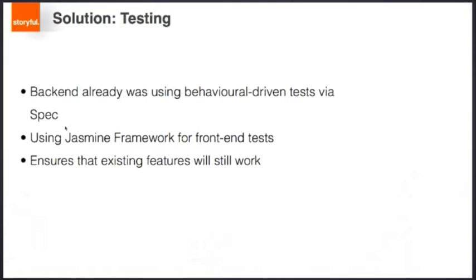So we started using the Jasmine framework for front-end tests there as well. Jasmine, not only because you can run vanilla JavaScript with it and test it, but it also has very good support for Angular, for example. Karma is a test runner to use Jasmine with Angular, and that ensures that existing features will work.